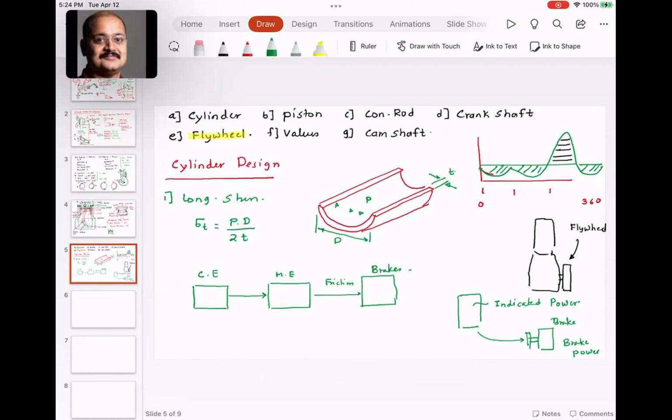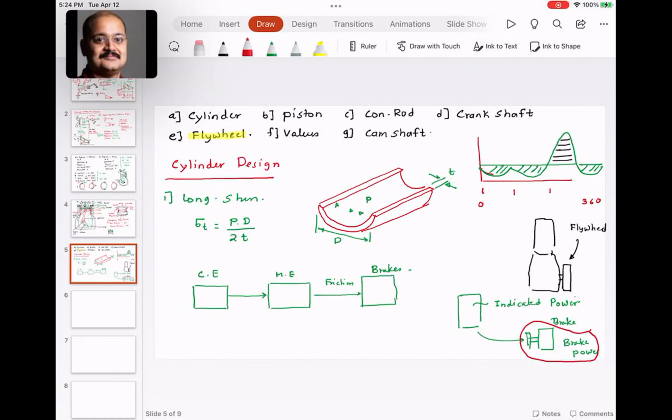Now, which power do we care about? From usage point of view, I don't care about the amount of power that is generated inside the cylinder. I'm focusing on the amount of brake power that is available to me, because that is the power that can be used to do the work.